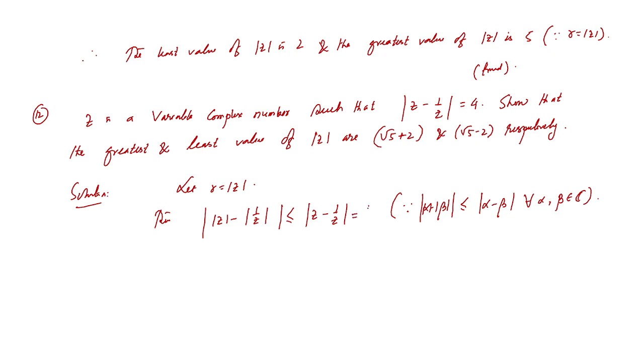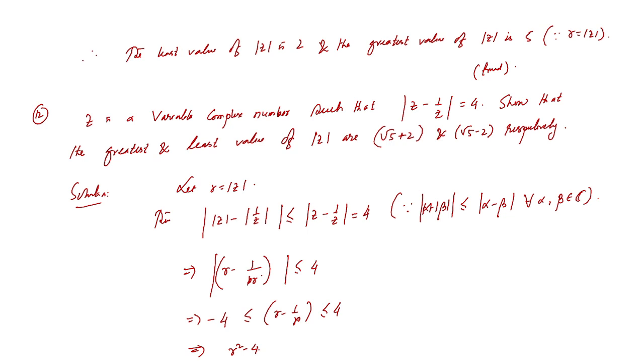This value again is 4, it is given. So r minus 1 by r, that modulus, is less than or equal to 4. That means minus 4 is less than or equal to r minus 1 by r, less than or equal to 4.